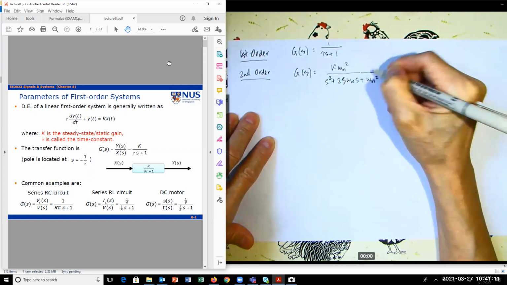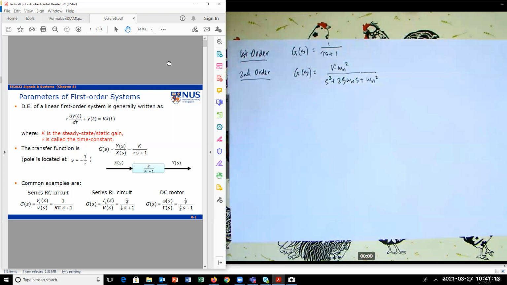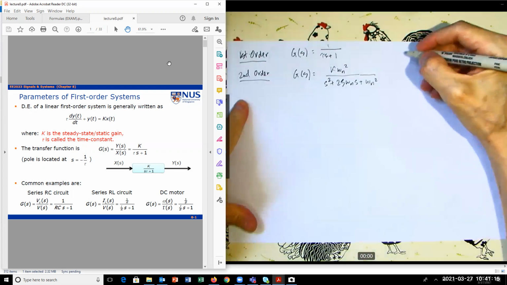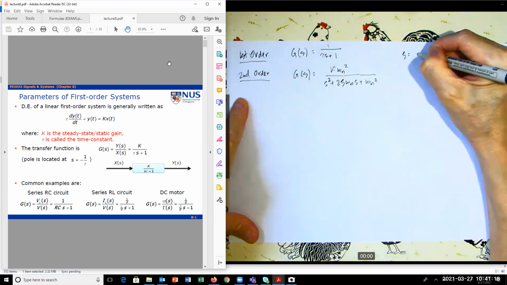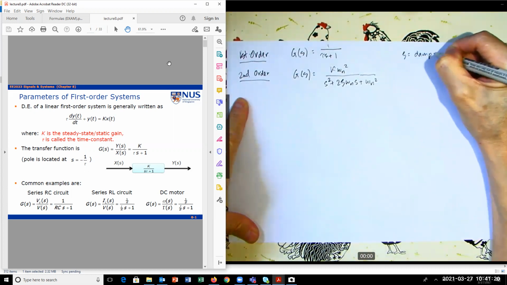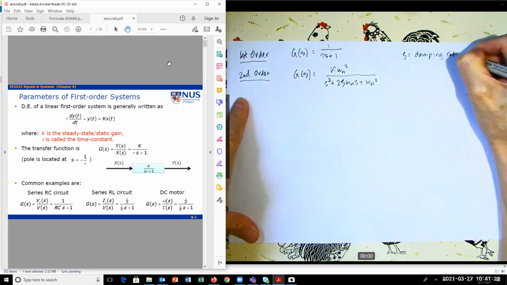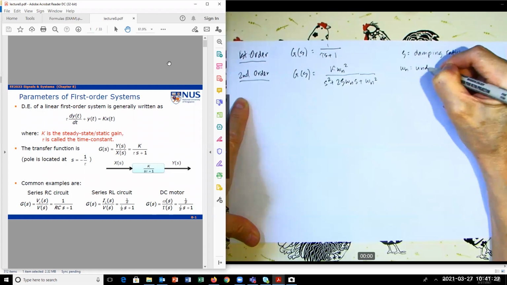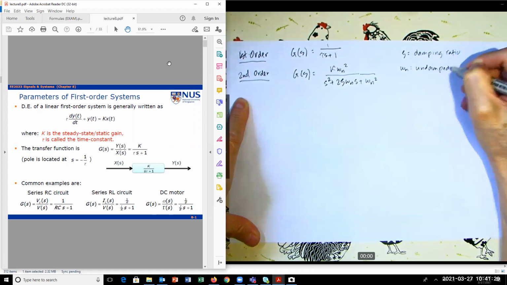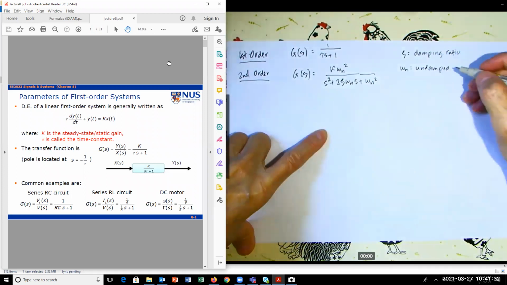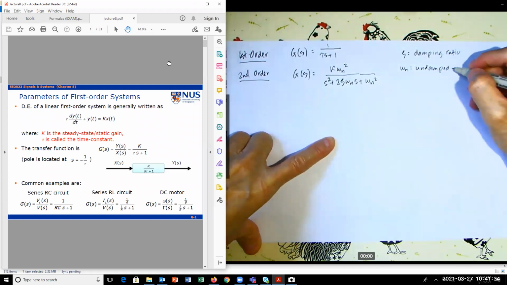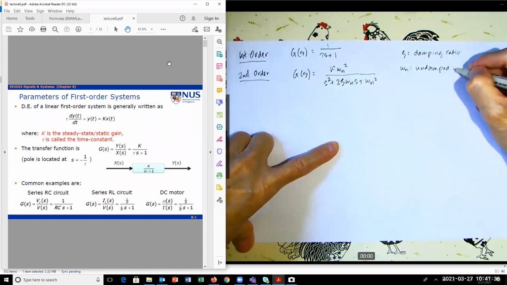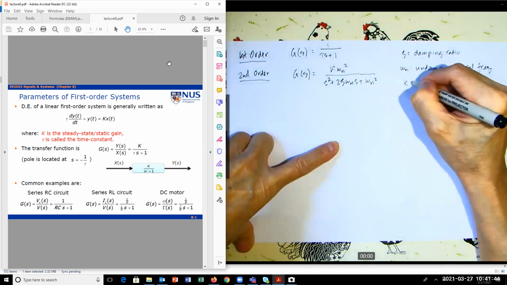That was our second order, where zeta is the damping ratio, omega n is the undamped natural frequency, and K is the steady state gain.